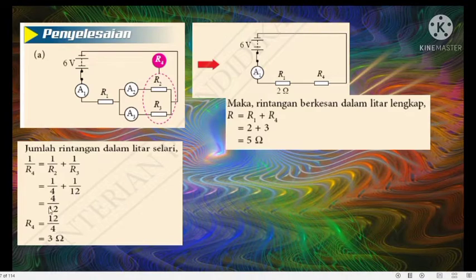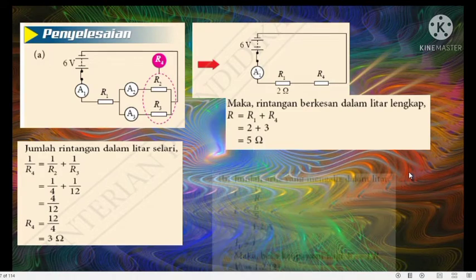So we get 4 over 12. Thus R4 is the reciprocal. So R4 equals 12 divided by 4, 3 ohm. Then we can calculate the effective resistance R equals R1 plus R4. So 2 plus 3 becomes 5 ohm. So for the whole circuit, the effective resistance is 5 ohm.